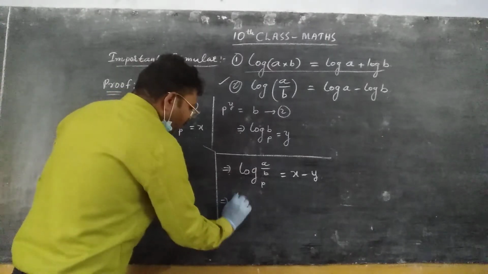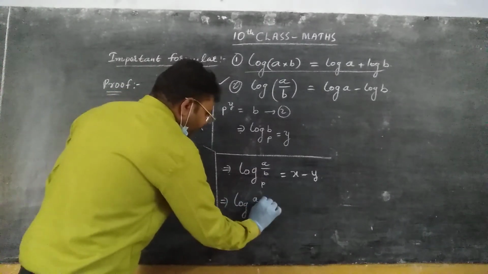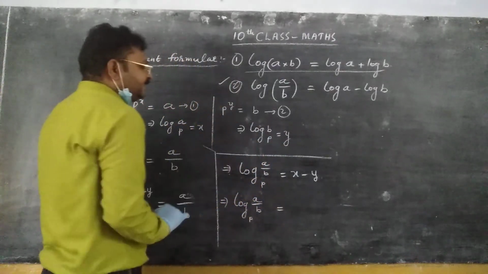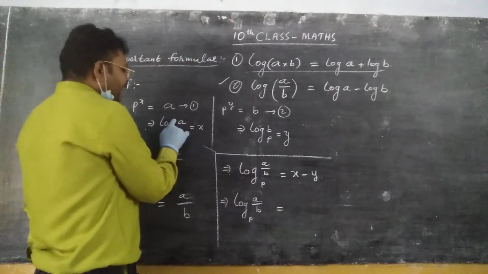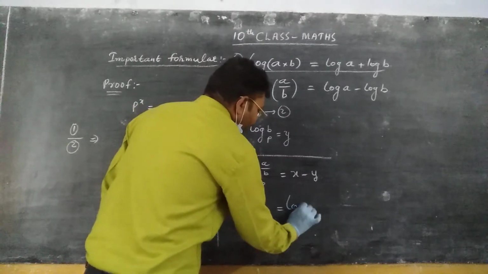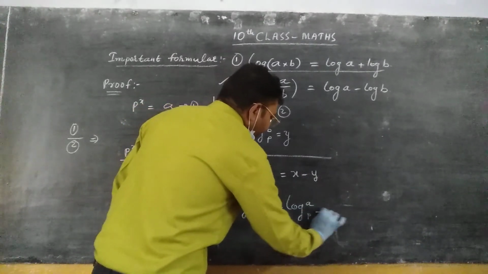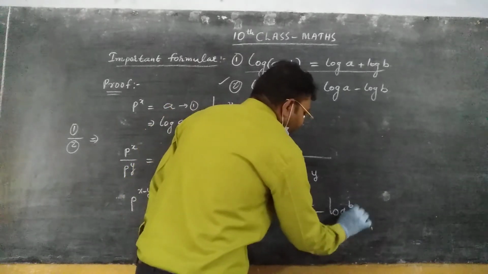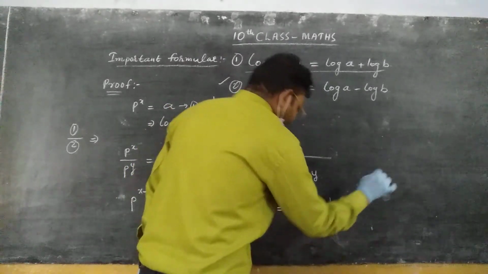Here x is equal to log a base p, minus y, which means log b base p.